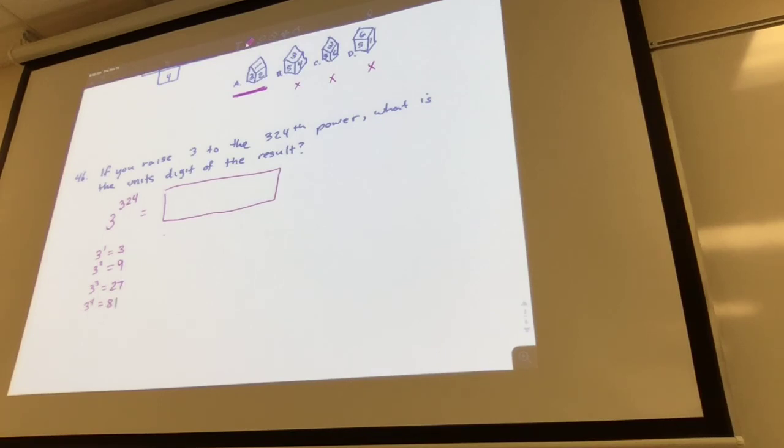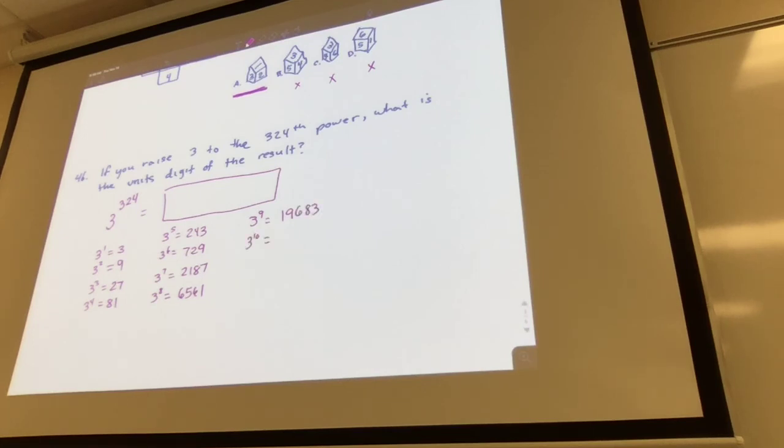Okay, if I come over here, I have 3 to the fifth, which is 243. 3 to the sixth, 729. 3 to the seventh is 2,187. 3 to the eighth, 6,561. I'm just going to get us enough to see if we can find some kind of pattern going on here.